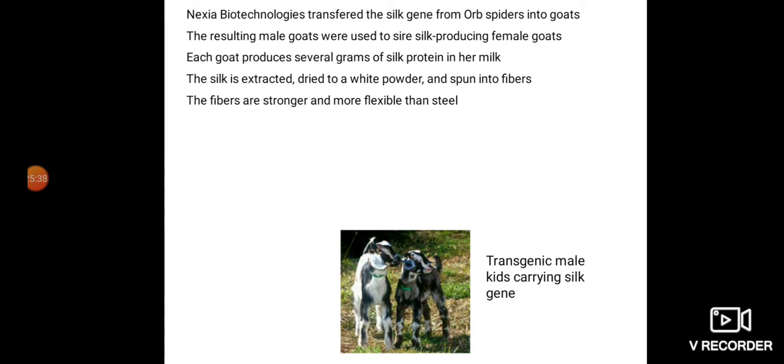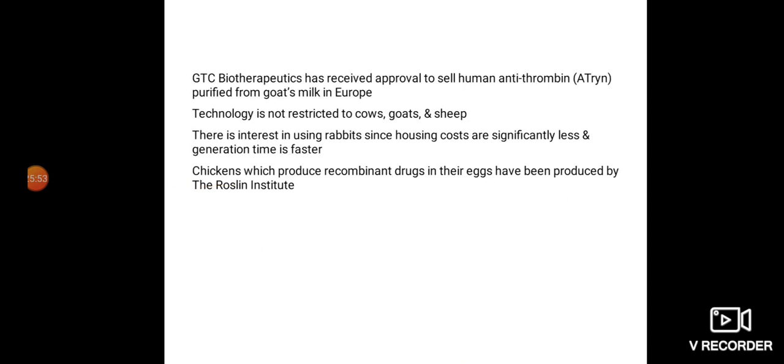Each goat produces several grams of silk protein in the milk, and the extracted silk protein can be used as a dry powder and spun into fiber. GTC Biotherapeutics has received approval to produce and sell antithrombin protein produced from goat milk.